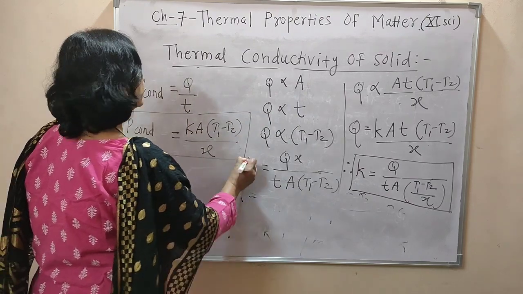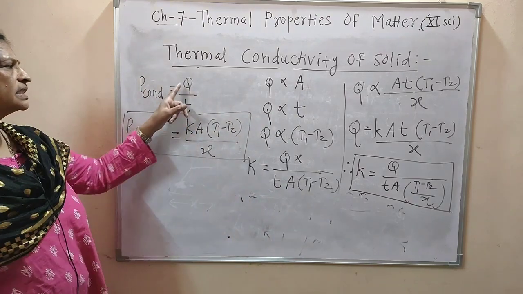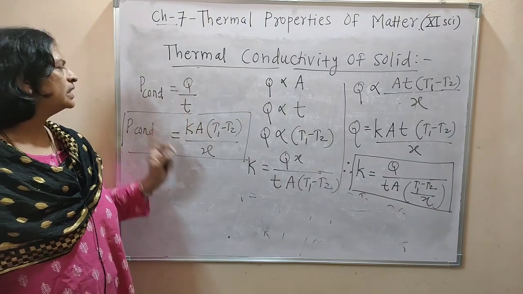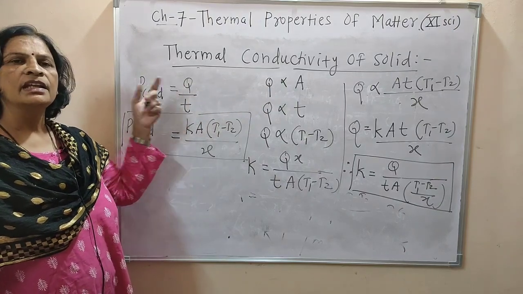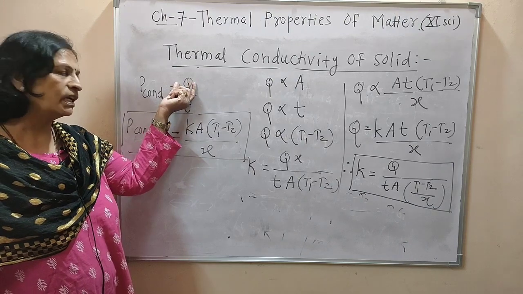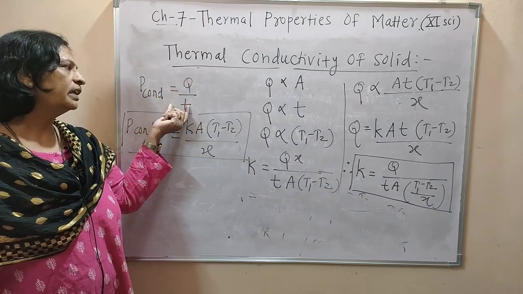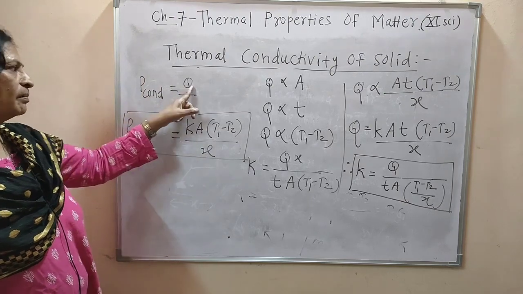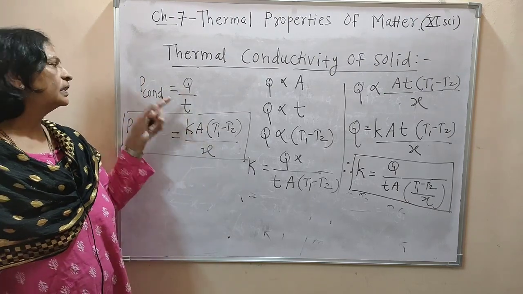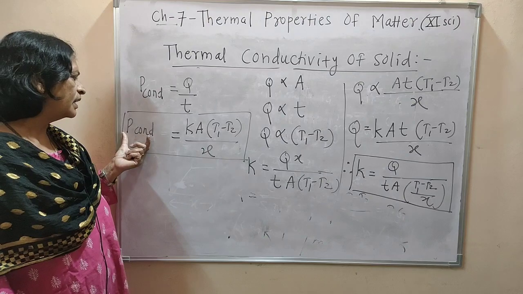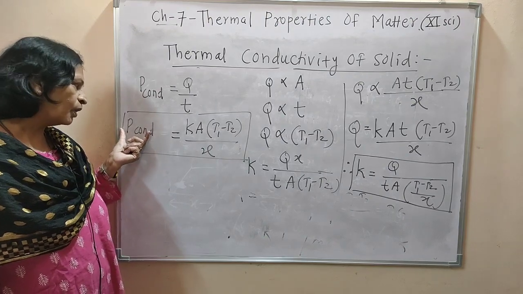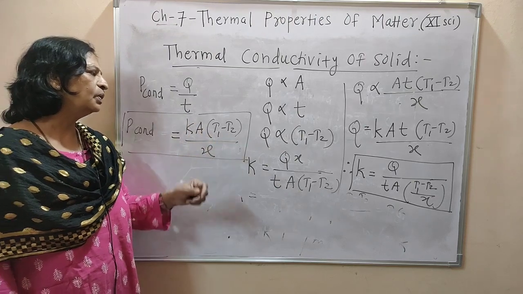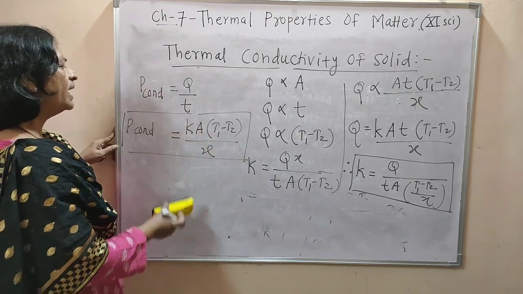P conduction means the time rate at which heat flows, how much heat flows away in how much time, and that is nothing but work per unit time, that is the power, P conduction. The formula for P conduction is equal to K into A into (T1 minus T2) by x.